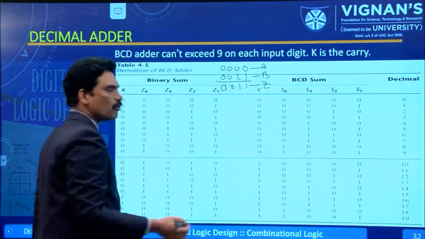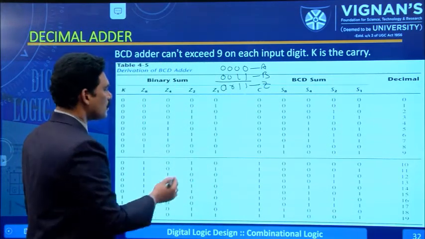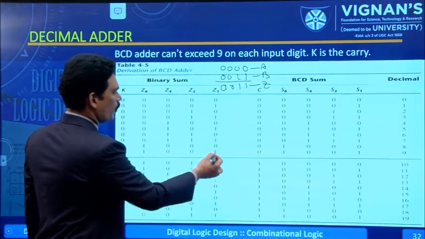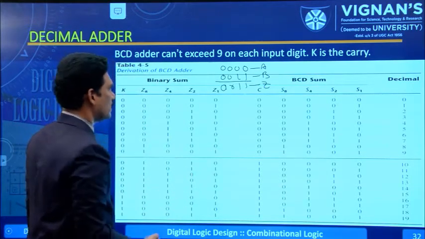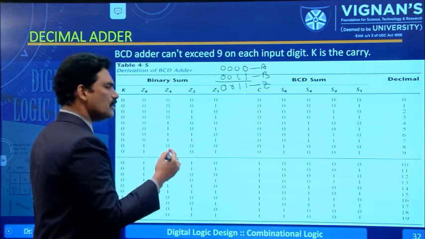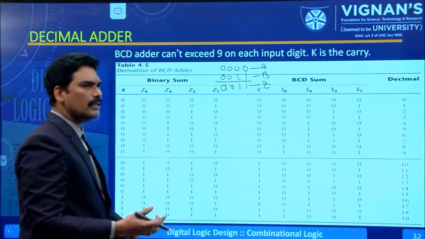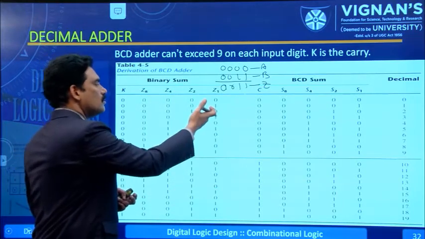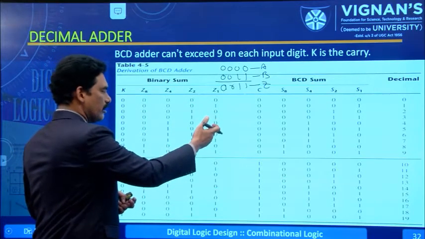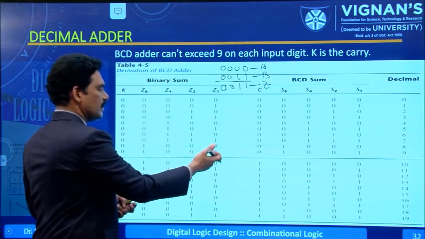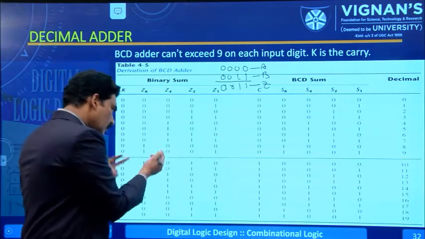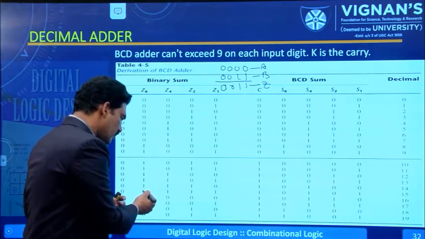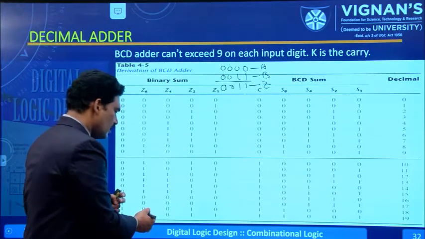If you perform like this, this is the binary sum and this is the BCD sum. If we take a 4-bit number, for example 1 0 0 1, this is 9. If we add 0, 1, 2, 3, 4, 5, 6, 7, 8, 9, fine. In the binary sum we also get 10, 11, 12, 13, 14, 15, 16, 17, 18, 19.